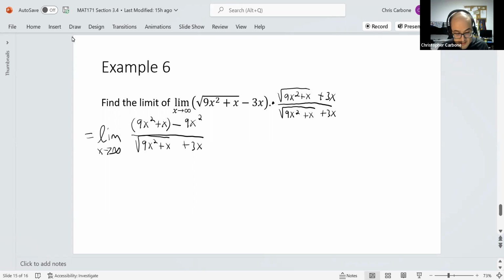So we could cancel out in the numerator just to get the limit as x approaches infinity of just x divided by the square root of 9x squared plus x plus 3x. And now we could divide the numerator and the denominator by a value of x.